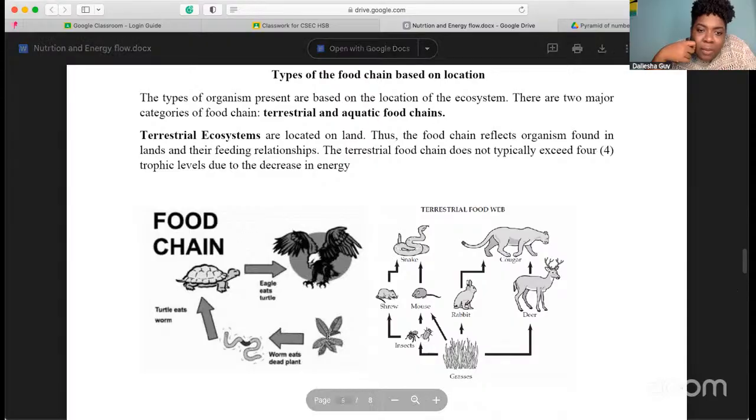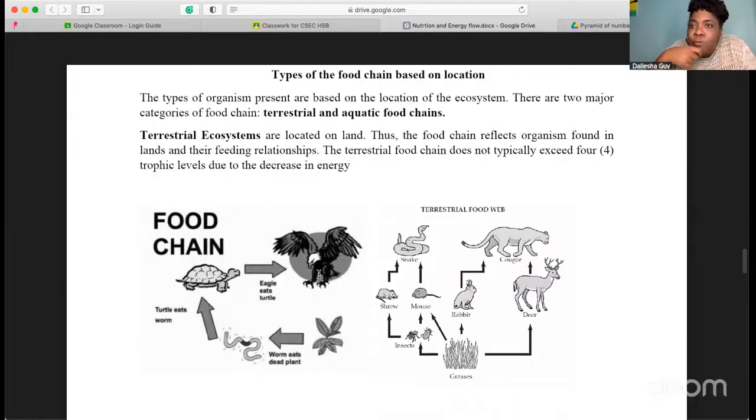Okay, we have the grass, then we have the worm, the turtle, the eagle. Guys, practice drawing food chains because they could ask you to make up one, and they could just say, write a food chain including a cow. So then you will say, the cow eats the grass, and then the human eats the cow, right? So that's how we do it. Make it up, right? Don't say, I don't know, man.